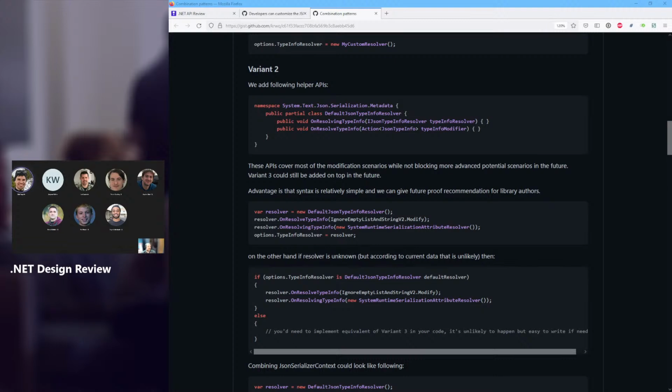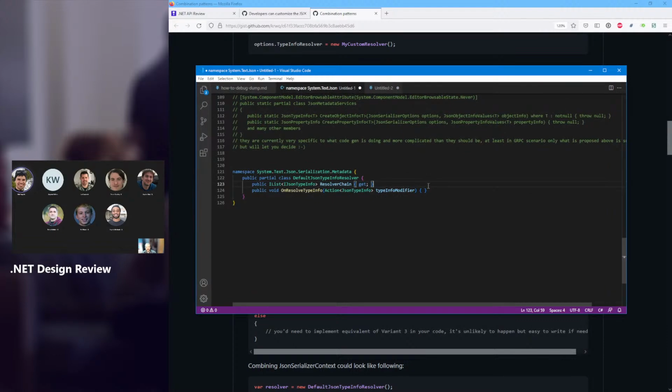So I have a question. I'm guessing we're looking at adding these methods to the default resolver rather than exposing it as a general purpose combinator. Is that right, Christoph? Correct. So what would be the semantics of the first overload, the first method, on resolving type info that accepts another resolver? I'm asking because the default resolver always produces a result, so there'd never be a reason for you to fall back into something else.